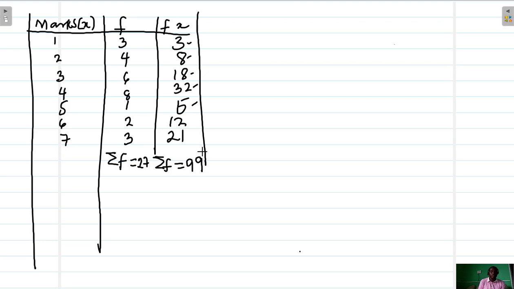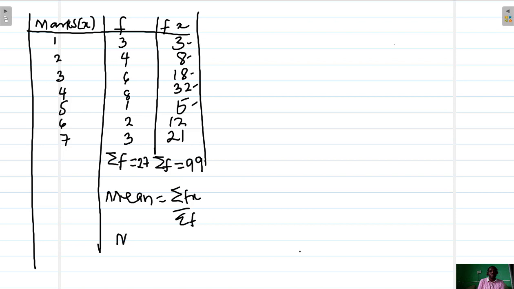Good. Let's do it again and see. 3 plus 8 plus 18 plus 32 plus 5 plus 12 plus 21. Voila. So our mean here will be sigma fx over sigma f.